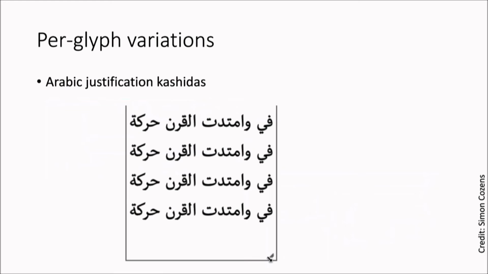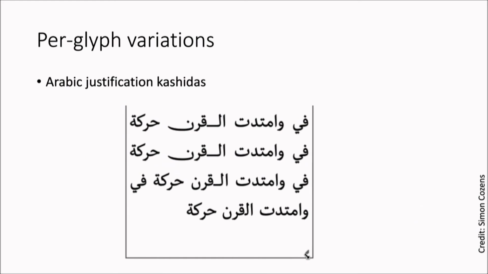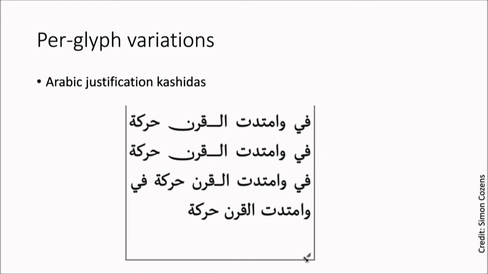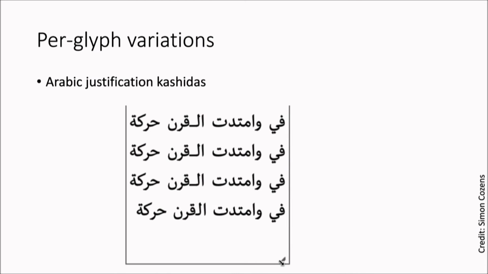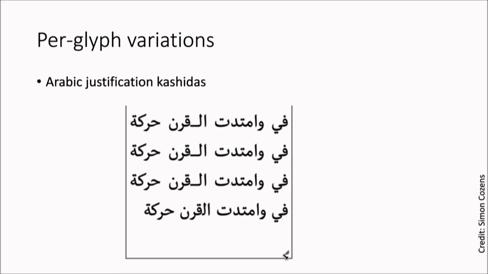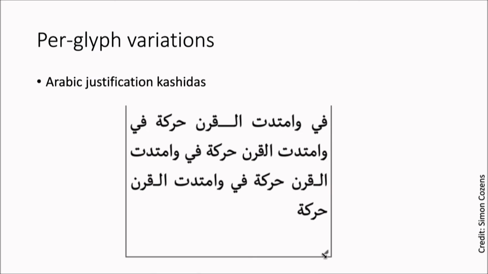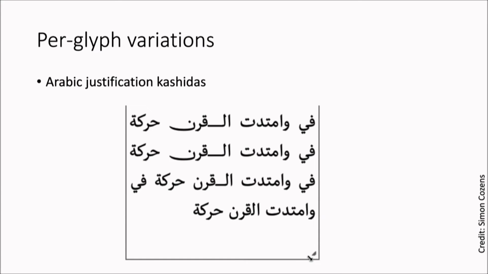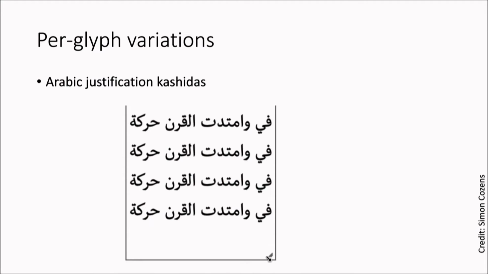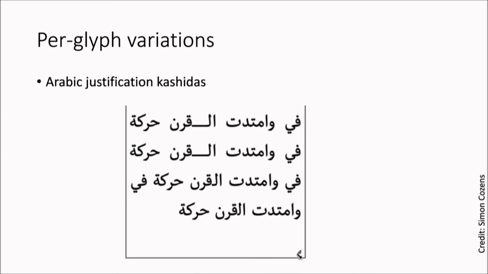This is an example that represents kind of the state of the art in OpenType today. OpenType has a justification table, and in the justification table, you can say, all right, here is a Kashida glyph, and so the layout software can take that glyph and insert it. So if you look at the third word from the right, and in particular the second letter, which is the lam, as the column width is changing, you'll see the leg of the arm of the lam is being stretched out with insertion of this flat extender.